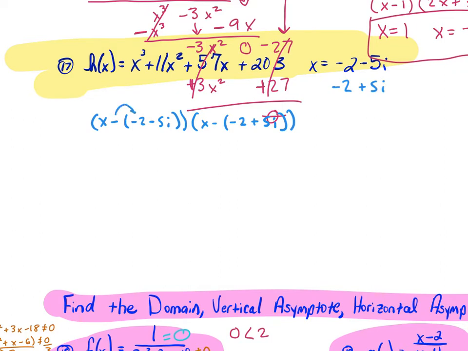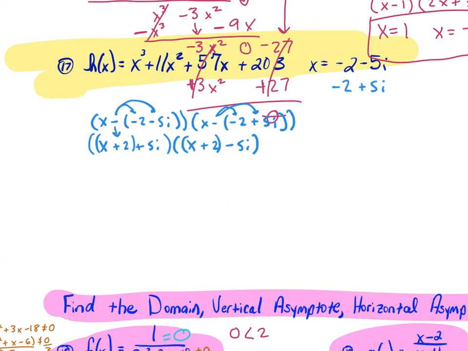Now I can distribute the negative in both of our parentheses here. So I have x plus 2 plus 5i and x plus 2 minus 5i. Now here we have conjugates, but our first term is x plus 2, and our second term is 5i.